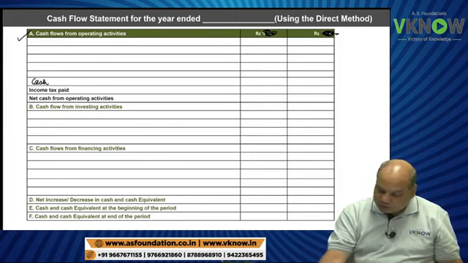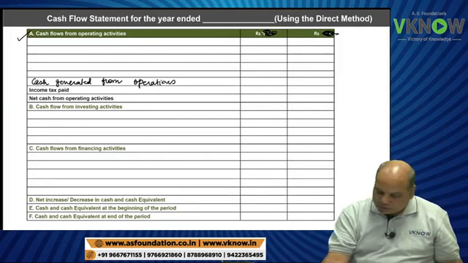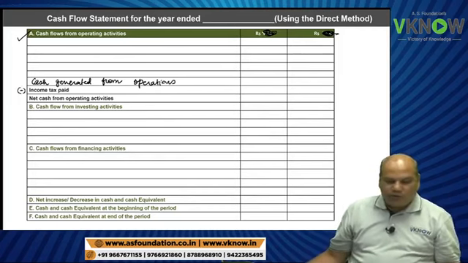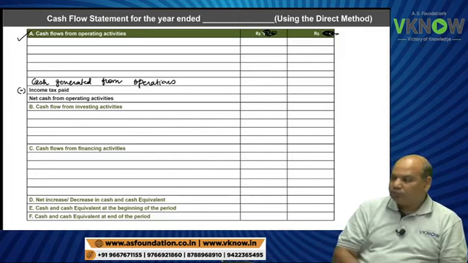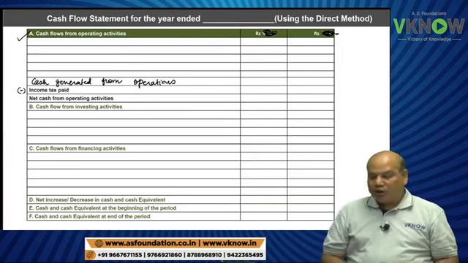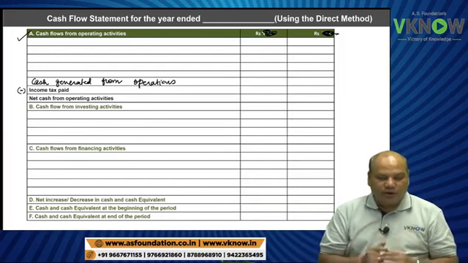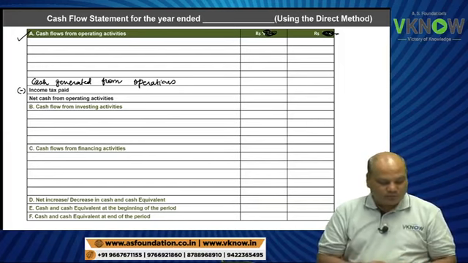Then write down cash generated from operations, then less taxes paid. Therefore, net cash flow from operating activities.